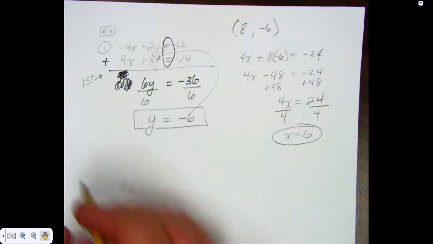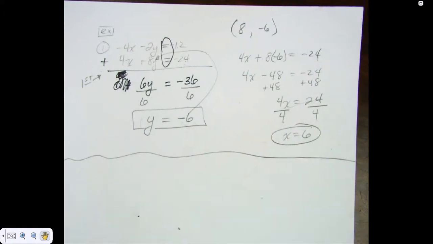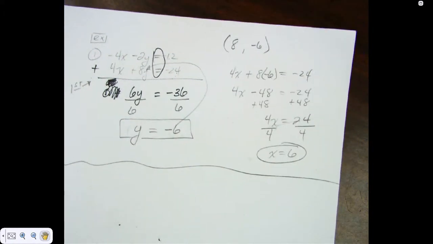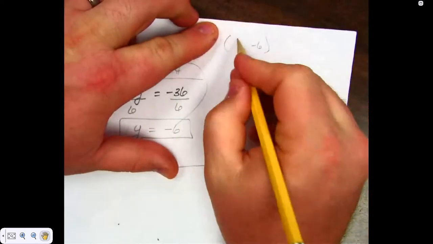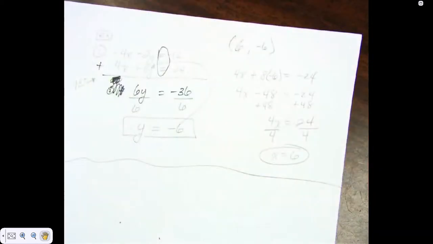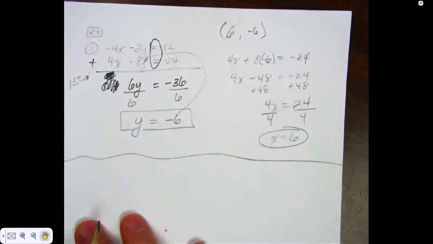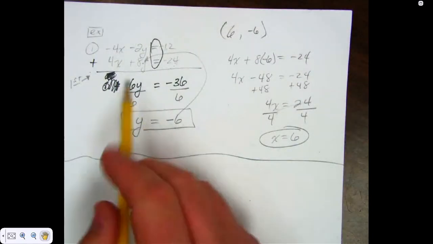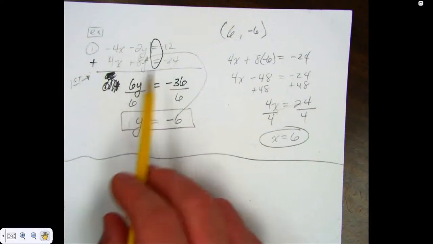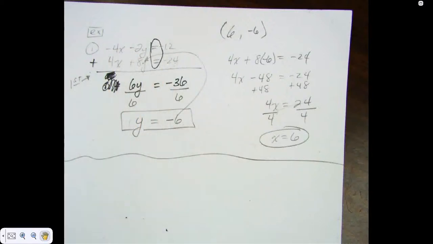Make sure you write that down. That's pretty easy, isn't it? It is very easy when it sets up easy like this. So if you think about it, it's set up perfectly for when I add to 0.